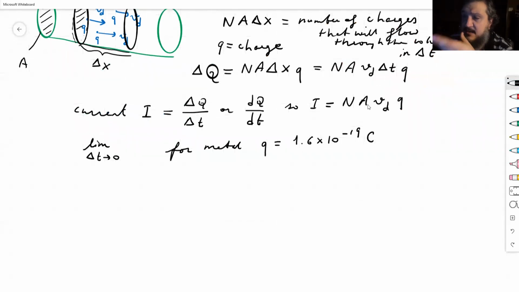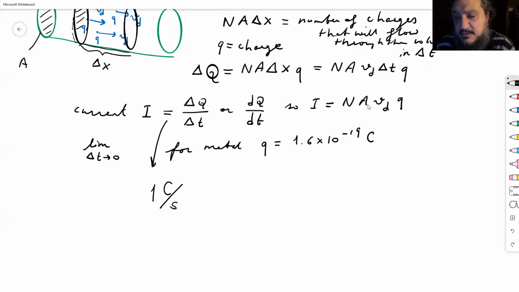And A depends on the material you have. Every cable will have a different cross-sectional area. So that gives you the current, okay? Current is pretty much charge over time. Charge is measured in coulombs, and time is measured in seconds, so we're talking about coulombs per second.